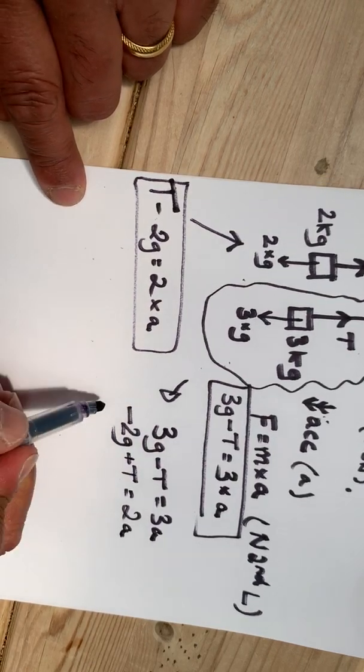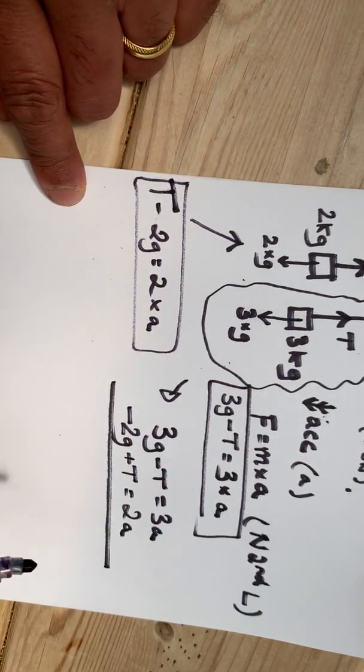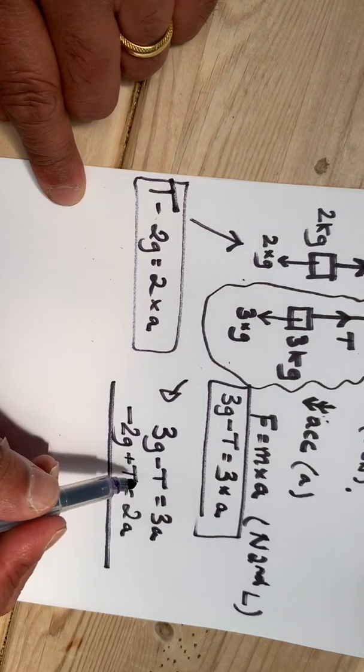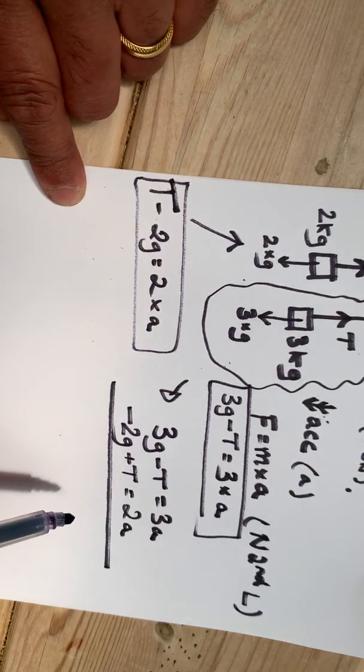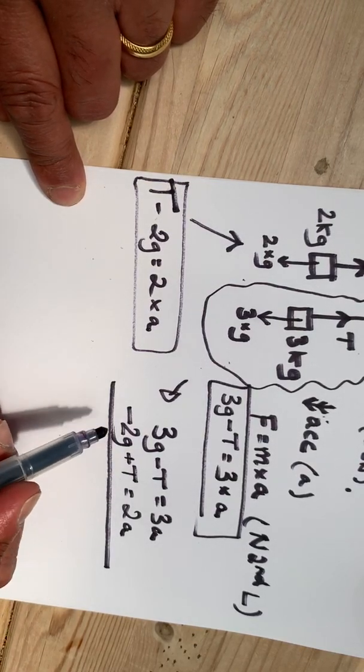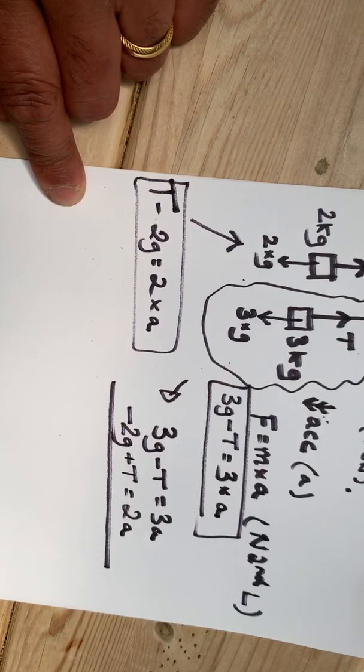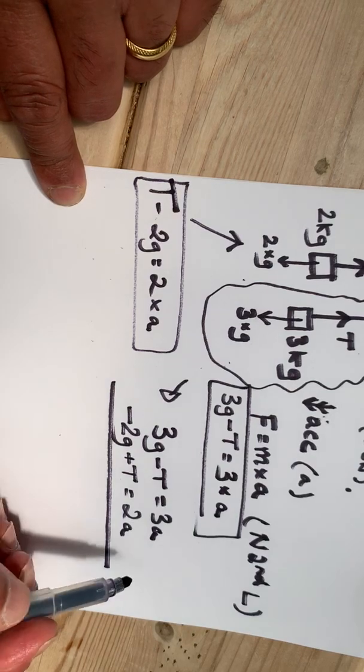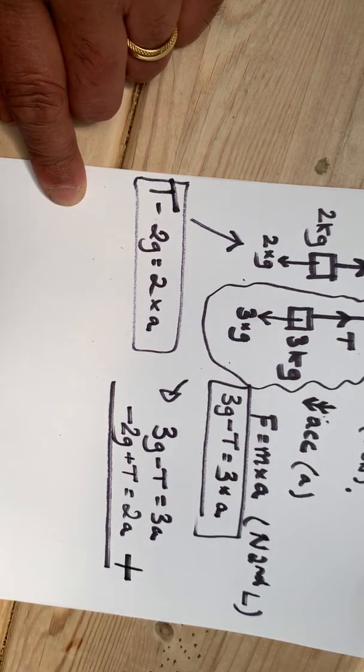Now, depending on how good your maths is, you can use what we call the elimination method, the simultaneous equation method, which allows us to calculate a and T. To do that, we can add.